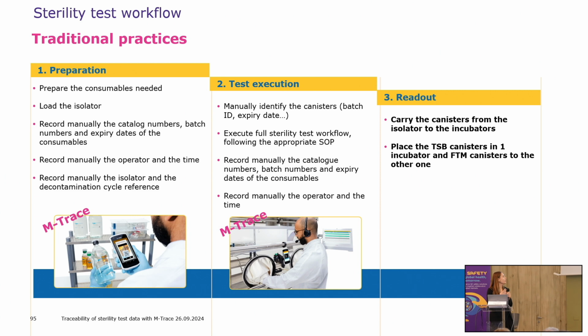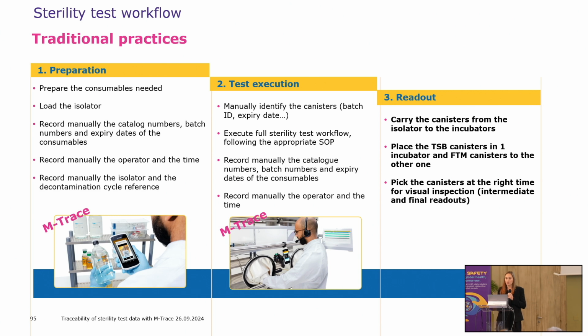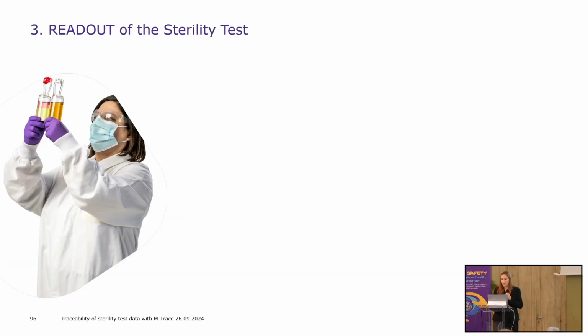We place the TSB canisters in one incubator and the FTM canisters in the other one. We pick the canisters at the right time for visual inspection and to do the intermediate and final readouts. And we manually record the results, the operator, and the time.